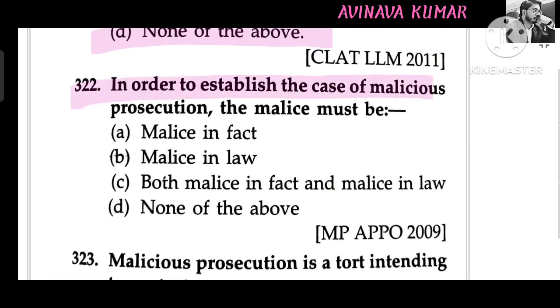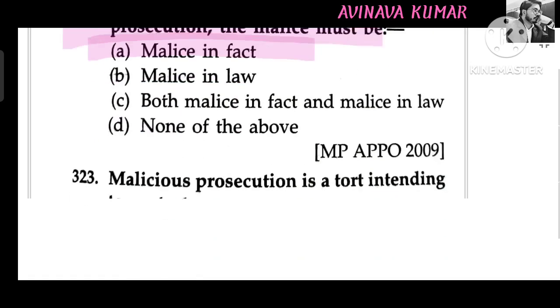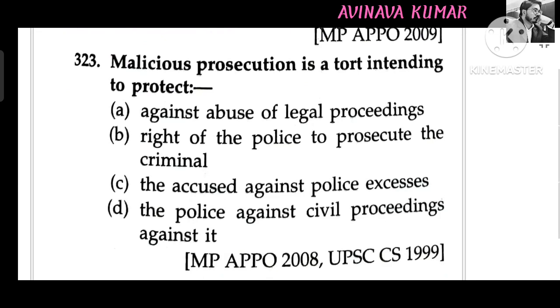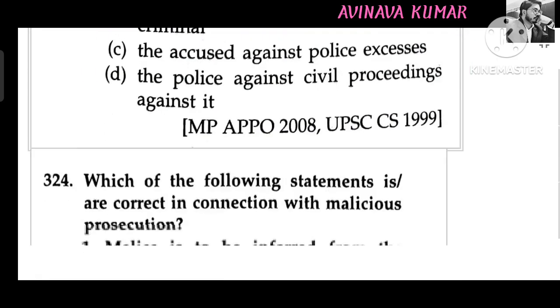In order to establish the case of malicious prosecution, the malice must be malice in fact. Malicious prosecution is a tort intending to protect against abuse of legal proceedings.